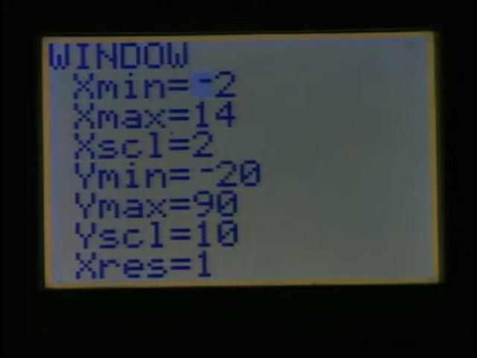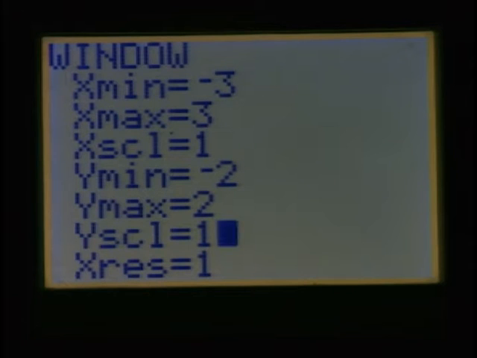I'm going to go from -3 to 3, 1, and vertically from -2 to 2, 1. These 6 numbers. This is going to be a relatively undistorted sketch.